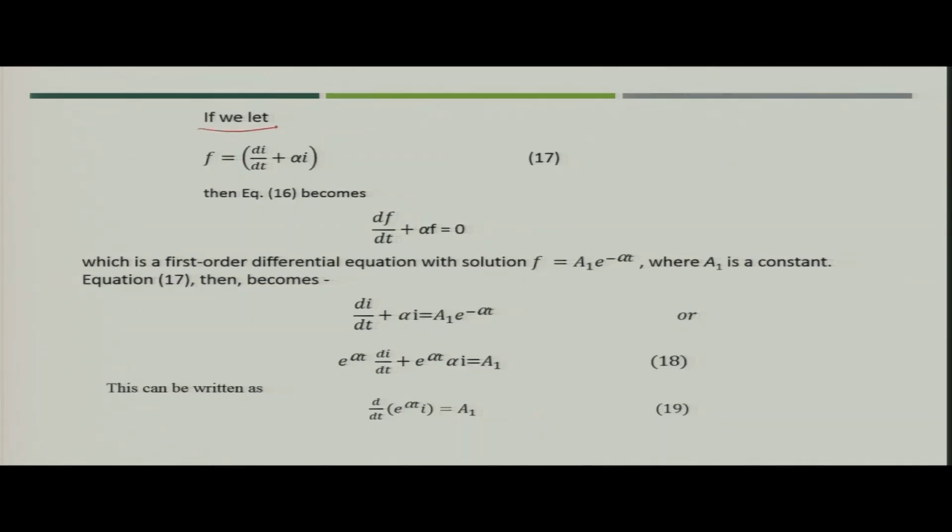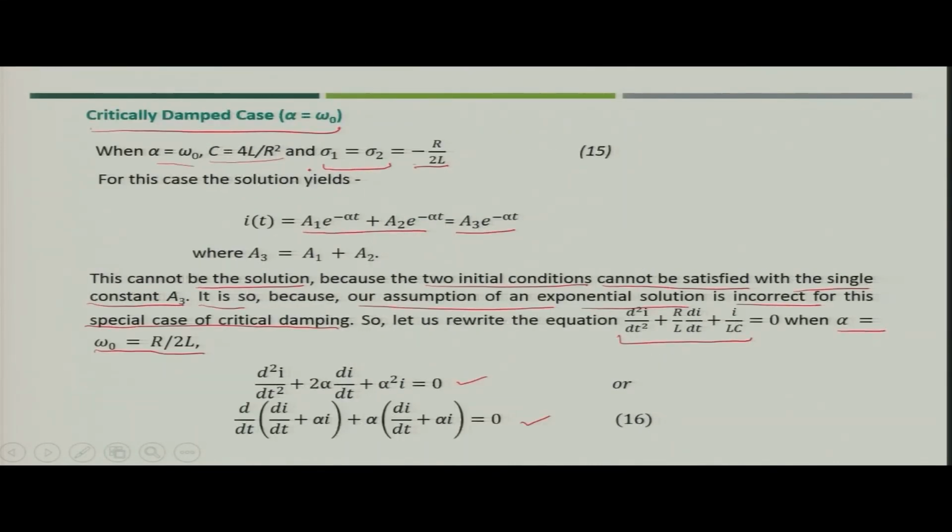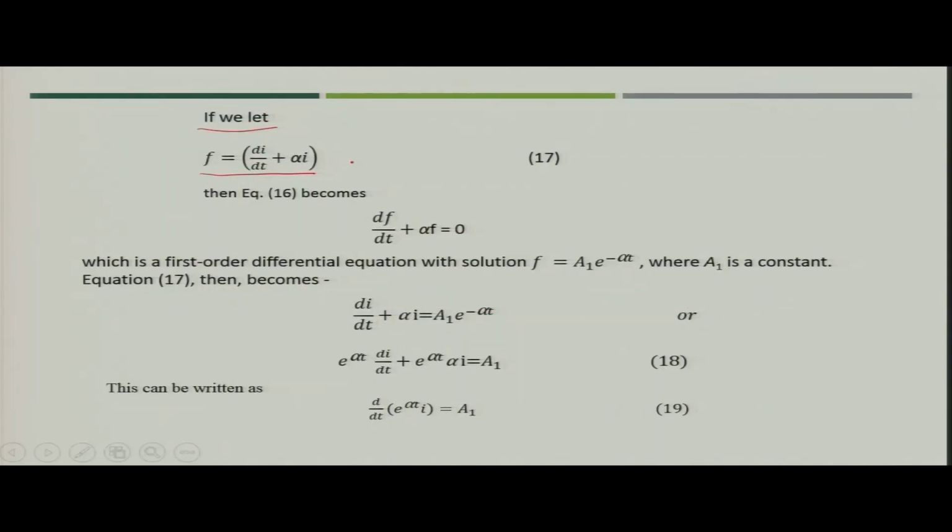Now, let us assume that di by dt plus alpha I, which is in the parenthesis, is some function f. So, what can you write? When you put the value of f here, this equation becomes df by dt plus alpha f equal to 0.